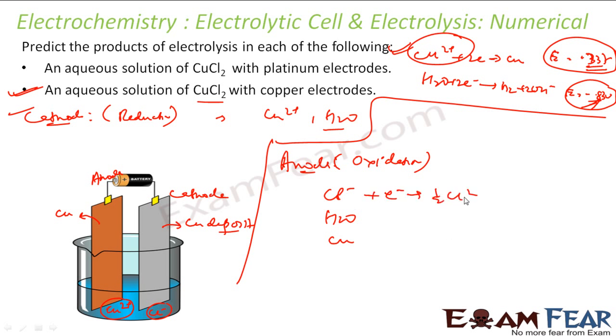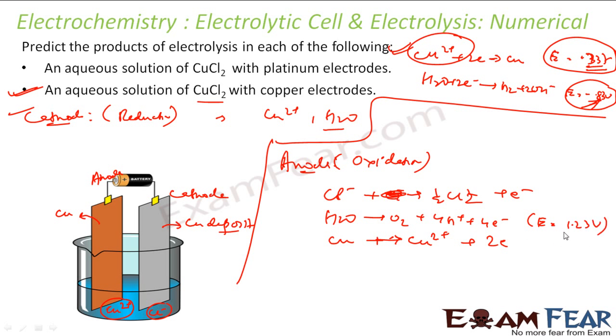Copper will become Cu2+. In fact, this will give 2 electrons actually. And water will also get oxidized. It will give oxygen plus 4H+ plus 4 electrons. If you write the value, this is nothing but plus 1.23 volt.